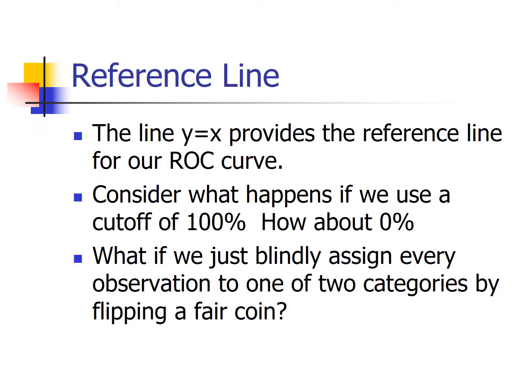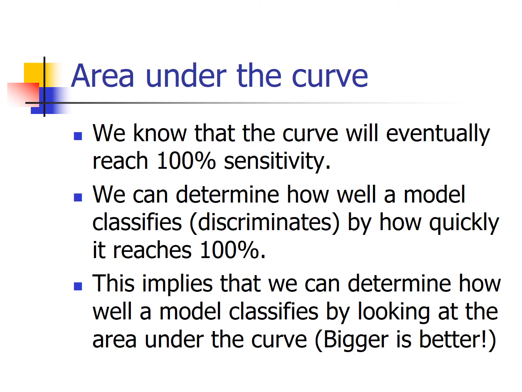The idea I said before: the line y equals x is essentially the reference line of our ROC curve. As I said, we know the curve will eventually reach 100% sensitivity. That's our goal. We want it to get to 100% sensitivity as fast as possible. Both of those statements should make sense.